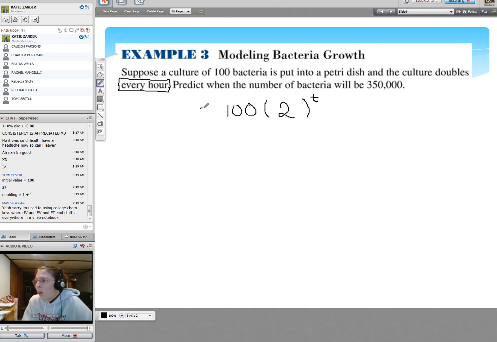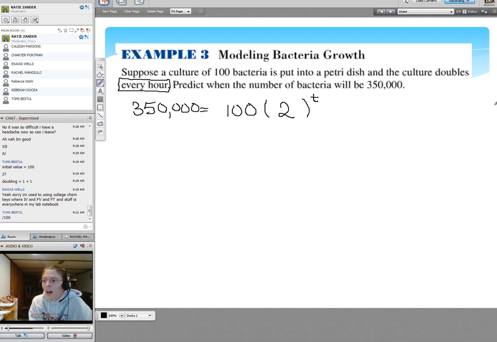I do know that we are looking for our population to equal 350,000. So instead of putting P of T out here, I'm going to actually put that number of 350,000. All right, so there is the equation set up. How am I going to solve for T in that equation now?